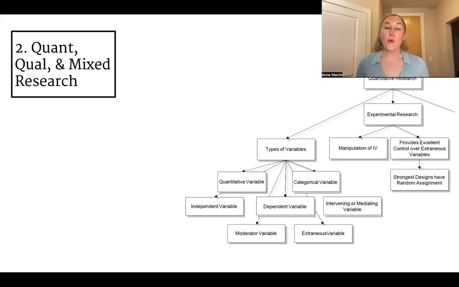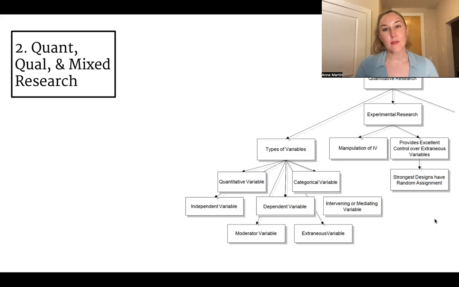So both of these variables, both categorical and quantitative, are included in quantitative research. And based on the specific design, researchers are able to perform different analyses and plan different studies based on those. So as you're reading chapter 2, the authors go into depth about these different types of variables and different techniques that researchers have when they are identifying which variables they are going to use.